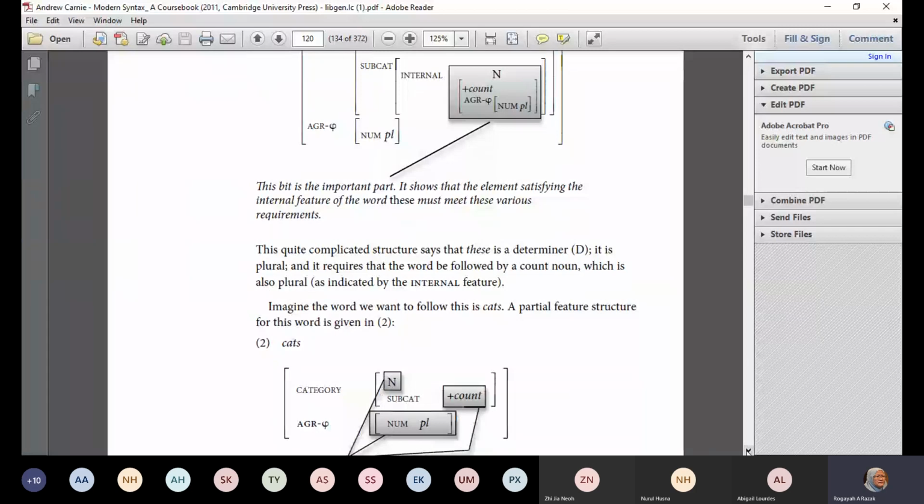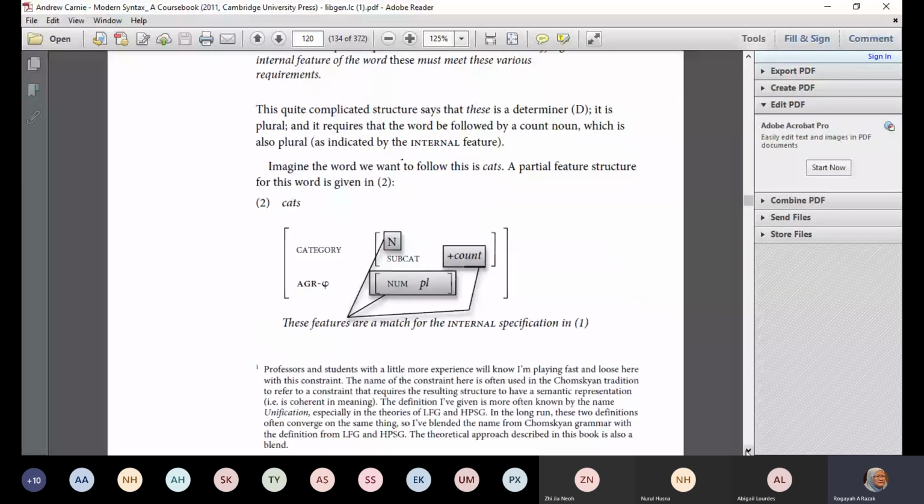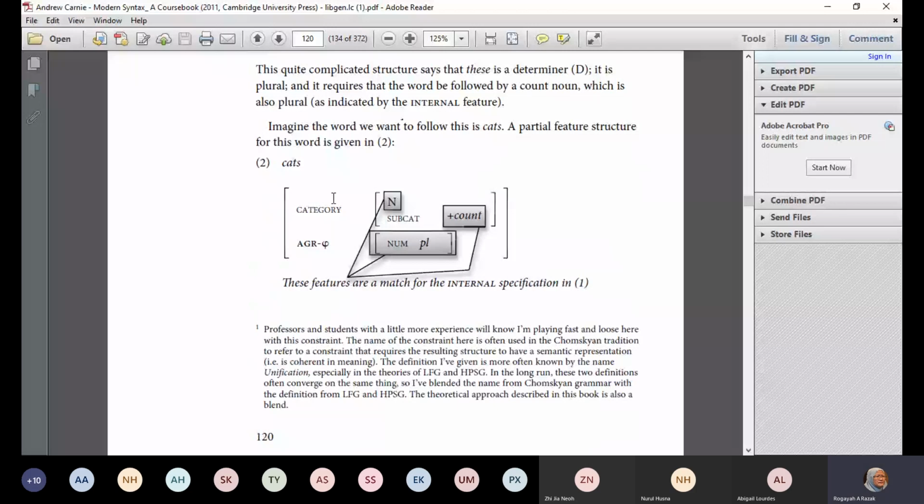Then we saw, so this is a word which we want to see whether cats can satisfy the requirement of the determiner. So a partial feature for the word is given in 2. So we see that the category is n, and then the subcat is now a plus count, and then the agreement alpha is number plural.